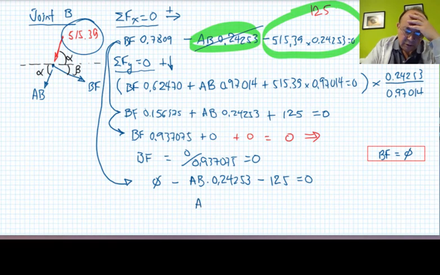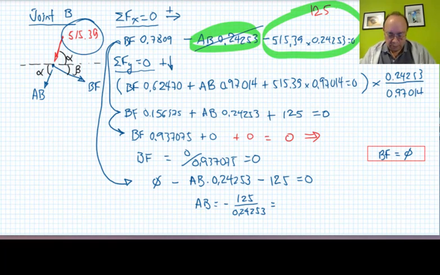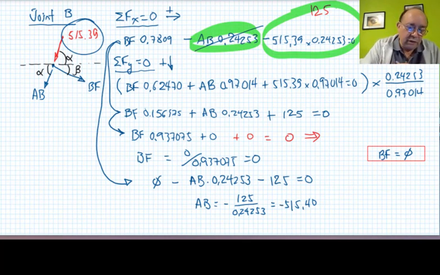So we got AB equals minus 125 divided by 0.24253 equals 125 divided by 0.24253 equals 515.40. This is actually the 515.39 that we have found everywhere. Negative. So this is compression again. So this is AB equals 515 compression.